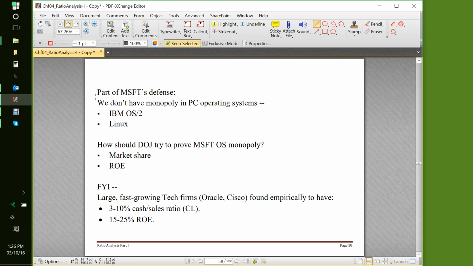We don't have a monopoly in PC operating systems. There's an operating system that runs on the same hardware, the same Dell machines, the same Hewlett-Packard machines from IBM. It's called OS2. I'm sure no one listening to this has heard of OS2. IBM sunk about $1 billion into developing OS2, and it was a spectacular flame-out failure.